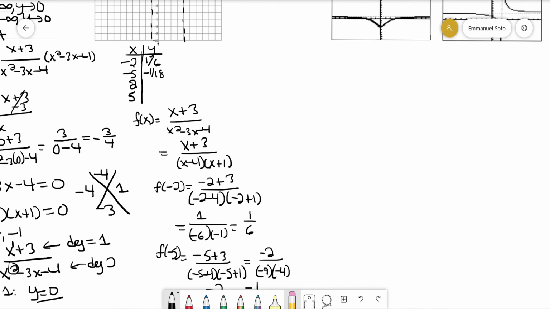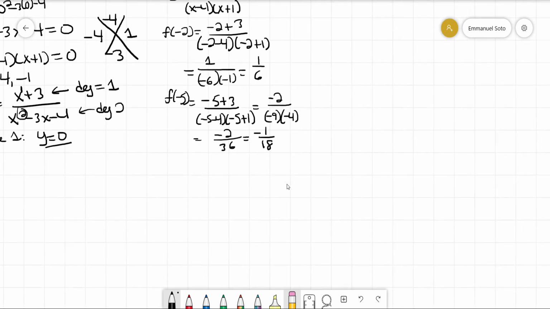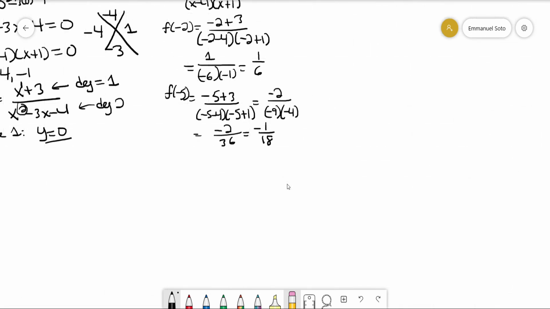Now let's plug in 2 and 5. So we have (2 plus 3) over (2 minus 4)(2 plus 1). 2 plus 3 is 5, 2 minus 4 is -2, 2 plus 1 is 3. 3 times -2 is -6.